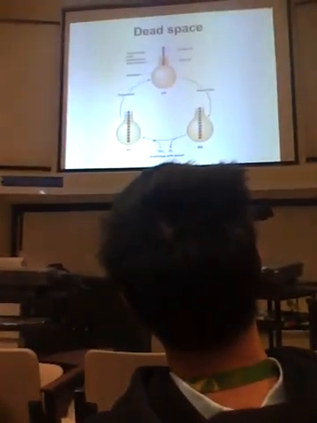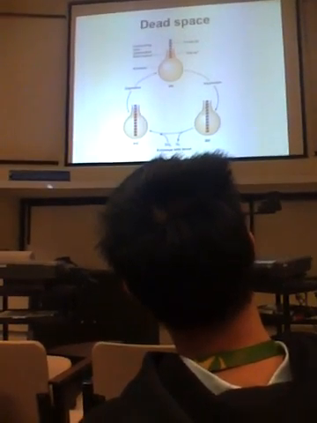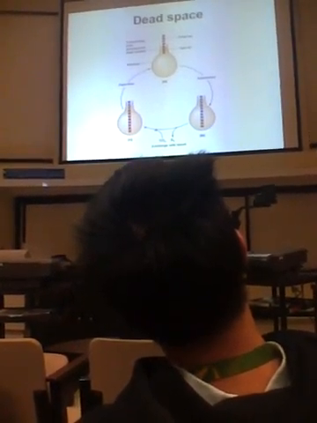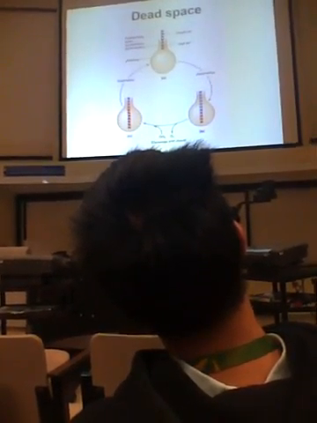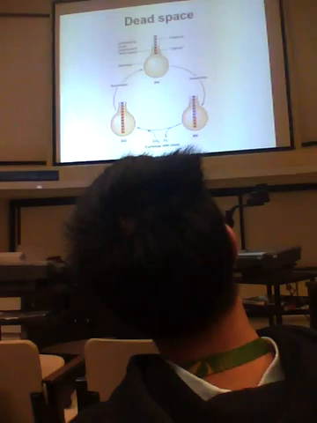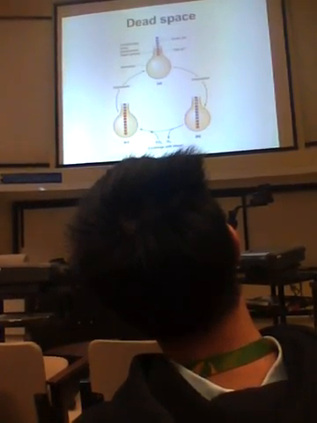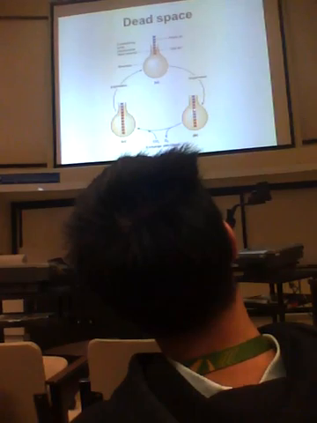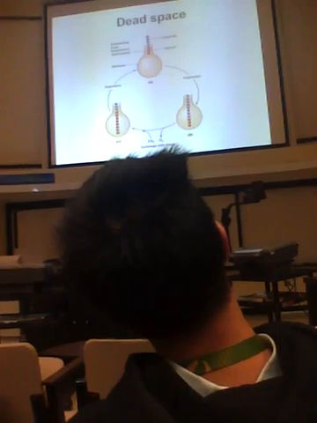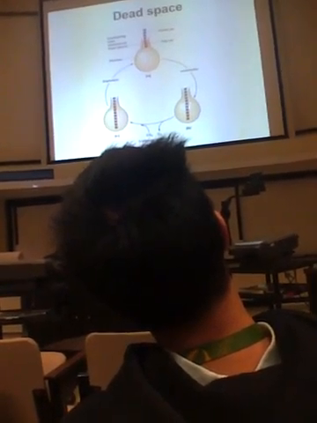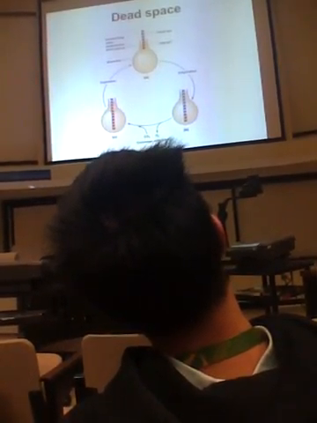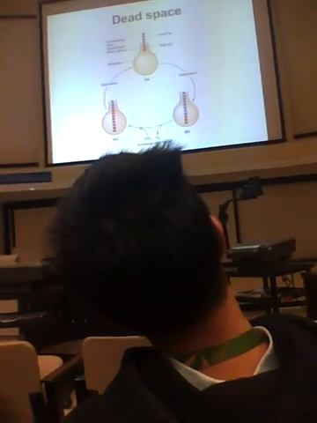So here is the alveolus. This is the respiratory part of the lungs. This is the beginning of the conducting zone that doesn't play any part. Here is a breath coming in. This is old air here that's been breathed. This is fresh air which hasn't been breathed. You breathe in and you draw in some new fresh air, but not all of it. Because you didn't expire everything, you draw in some old air as well, and then that all gets used up, and you get fresh air here, which isn't participating in gas exchange.